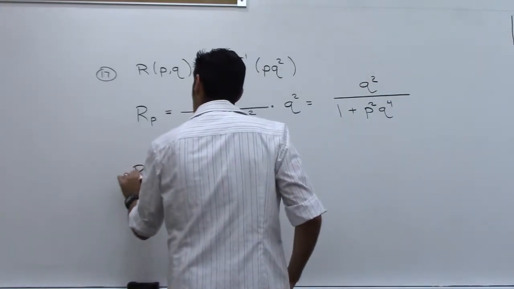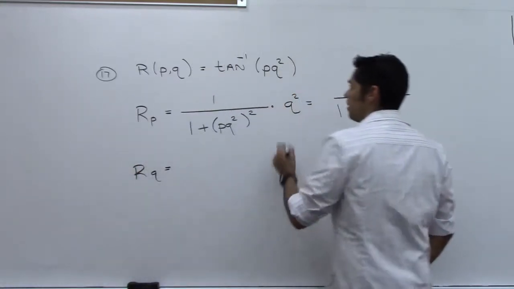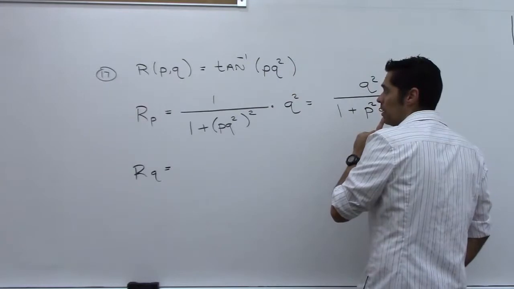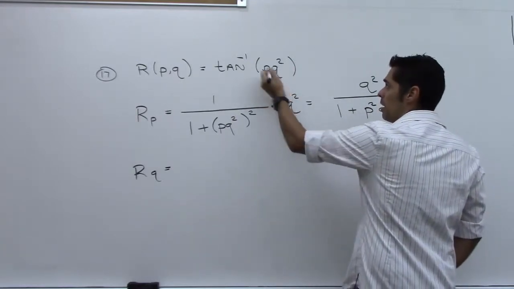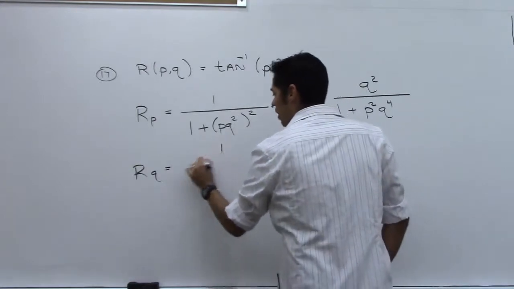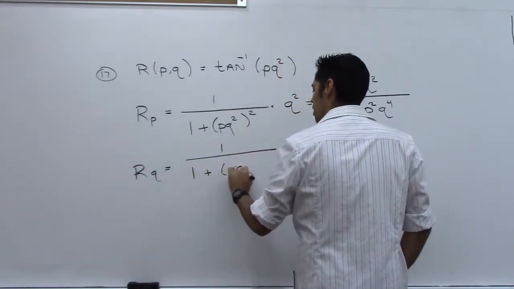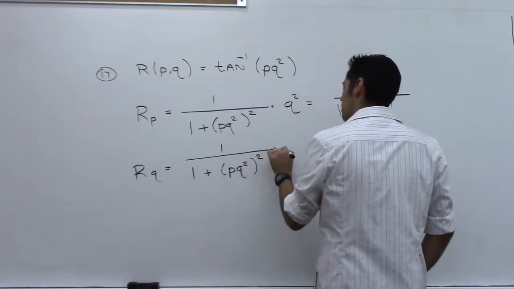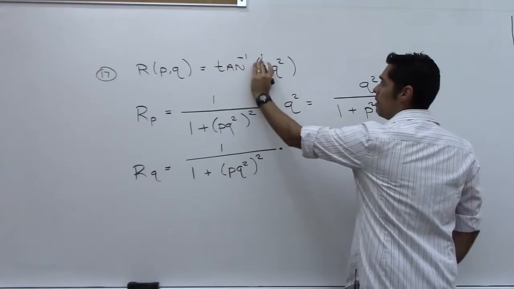Now our partial with respect to q is going to look very similar, because now what we're doing is we're treating our p like it's a constant and q is the variable. But I still have to do the chain rule, so I still have to start out with this part. This doesn't change, but this part does. So derivative of this, so p is a constant, so I'm just going to cover it up.